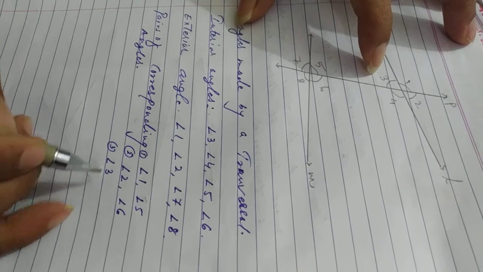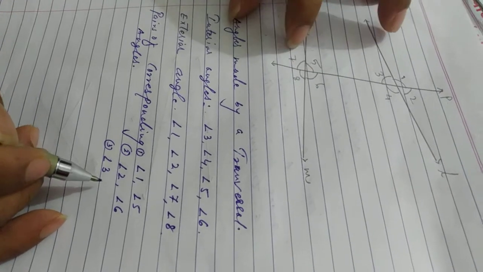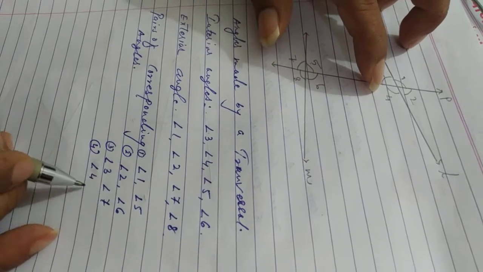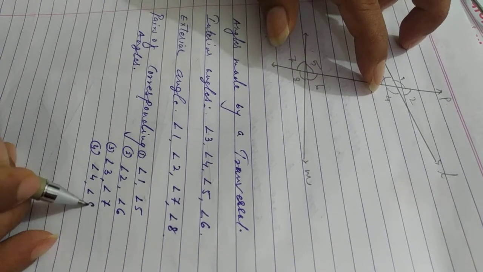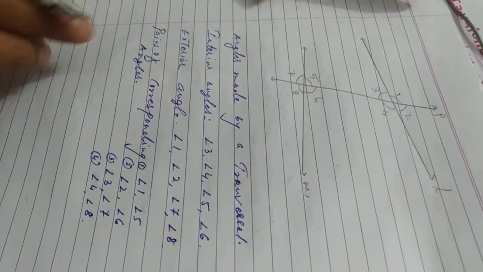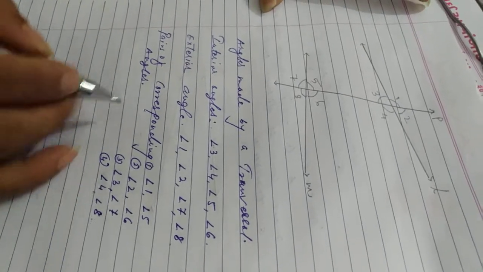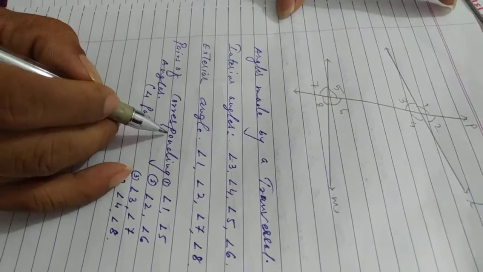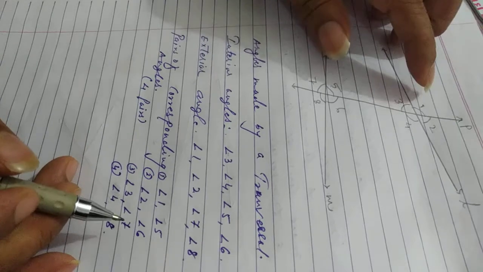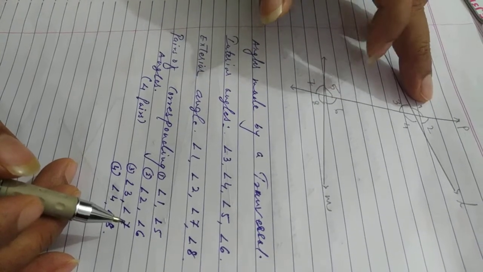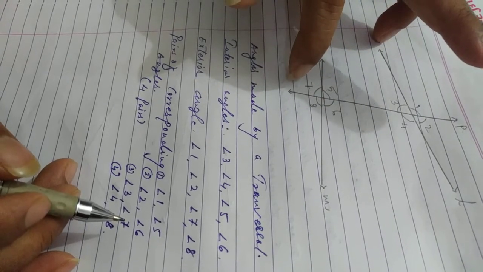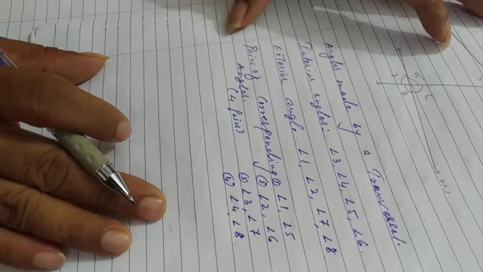Third, angle 3, angle 7, and angle 4, angle 8. One is interior, another is exterior. Got it? So how many pairs do we have here? 4 pairs. Pairs of corresponding angles: angle 1, angle 5, one exterior and one interior. So it is known as pairs of corresponding angles.